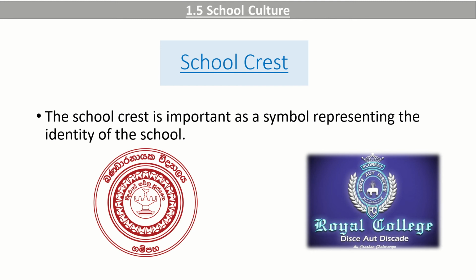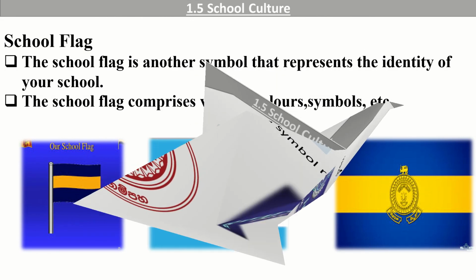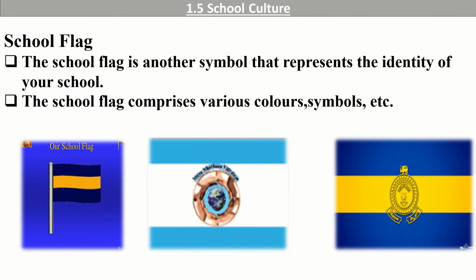My children, let's talk about the next important symbol in school, the school flag. The school flag is another symbol that represents the identity of your school. The school flag comprises various colors and symbols.